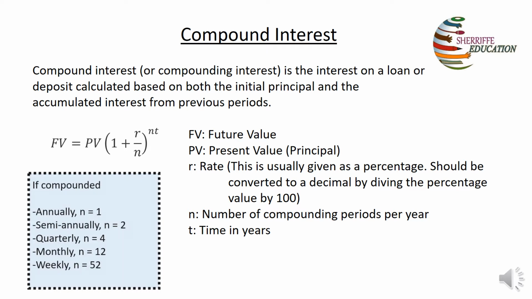If it is semi-annually, then n will be equal to 2, so it will be compounded every 6 months, so that's twice per year. For quarterly, it will be compounded 4 times per year, or another way it could be stated is that it would be compounded every 3 months. So every 3 months would result in 4 times per year. Monthly, n is equal to 12, and weekly, n is equal to 52.